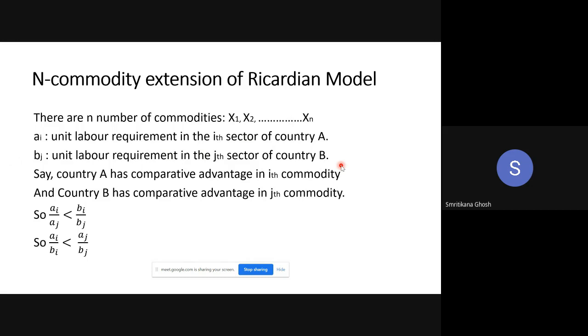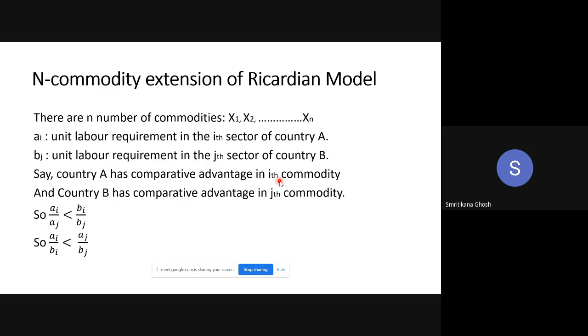Then say country A has comparative advantage over the ith commodity. This is just our assumption that country A has comparative advantage in the ith commodity and country B has comparative advantage in the jth commodity. Now, if country A has comparative advantage in the ith commodity, that means country A needs a lesser number of labor to produce 1 unit of the ith commodity.